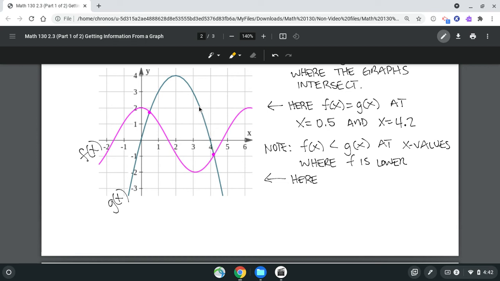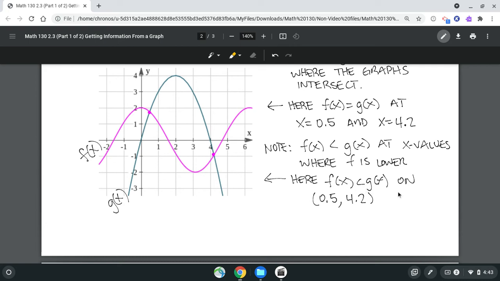So f of x is less than g of x on the interval from 0.5 to 4.2, not including 0.5 and not including 4.2, because that's where they are equal, but we want strict inequality.